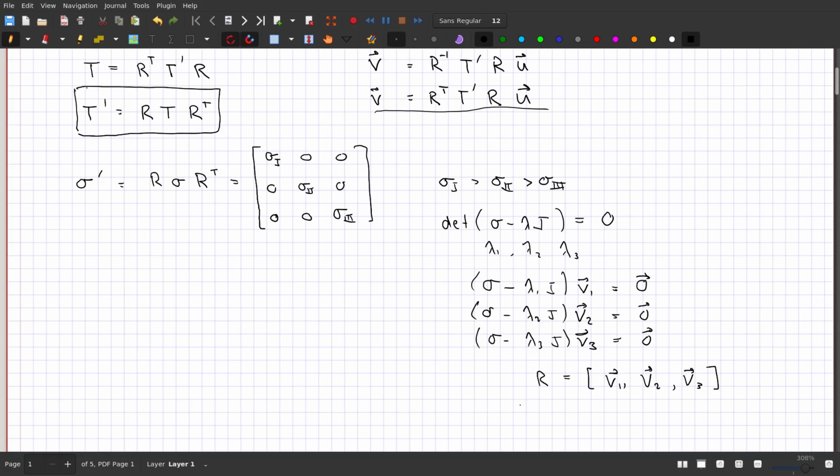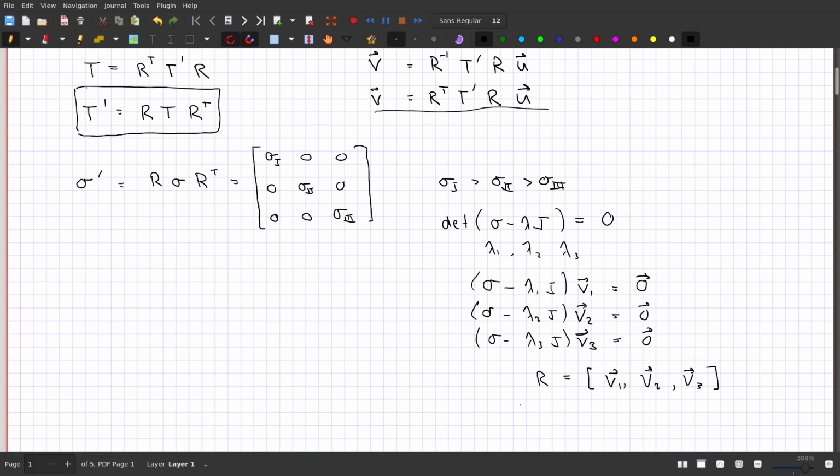So v1 is the vector which corresponds to lambda 1, but it has 3 components itself, right? So this thing is a matrix, as I've written it.